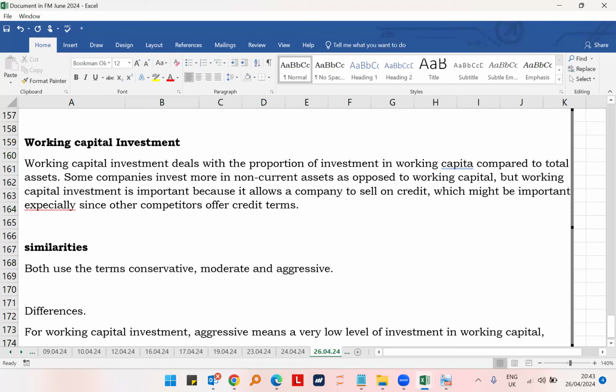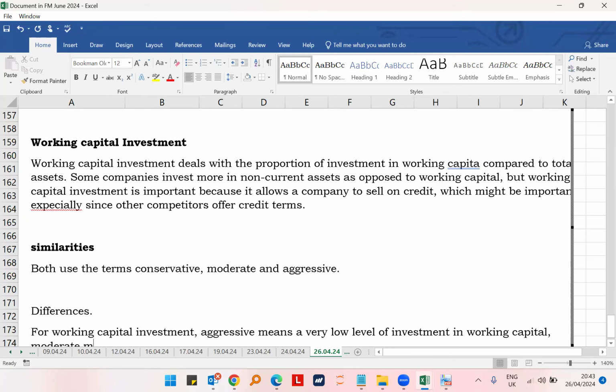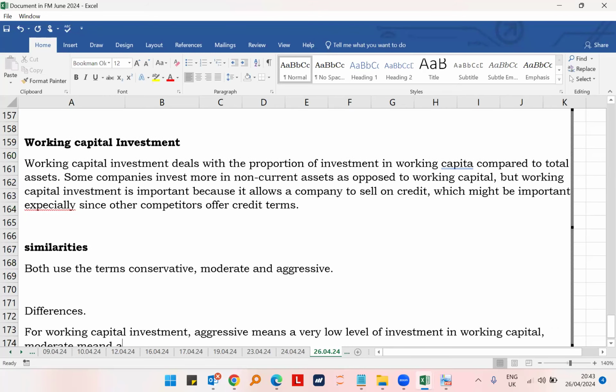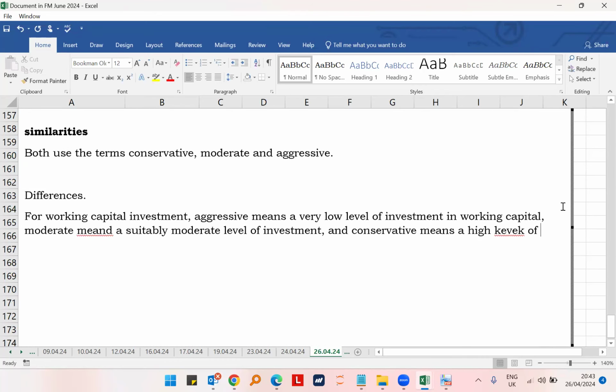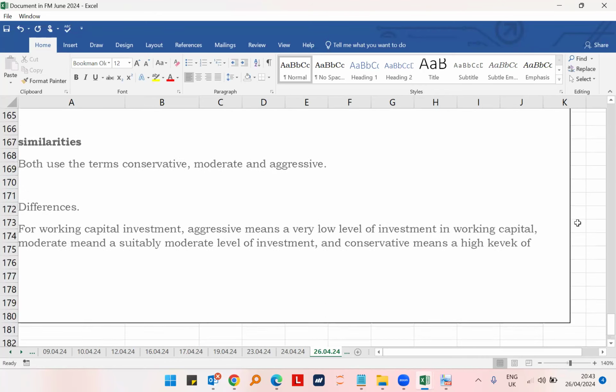Okay. Of course, moderate means a suitably moderate level of investment, and conservative means a high level of investment in working capital.